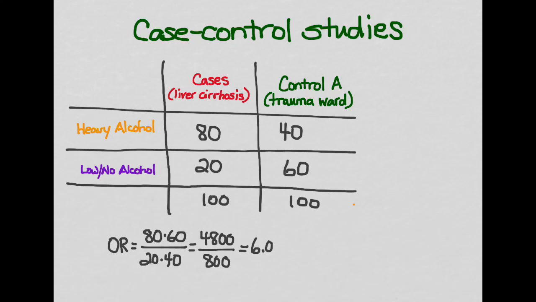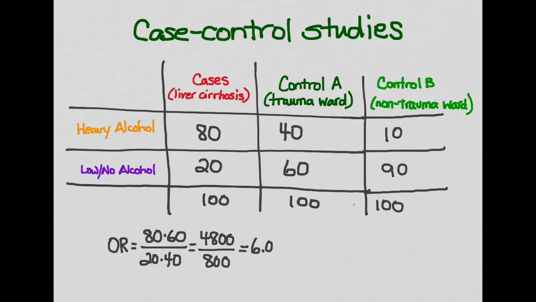We always want to consider that the control group in a case control study, or any study, should be representative of the overall population. Not the population of cases, but the population from which the cases emerged. So this would be more like the general population. So this might be a little too high.